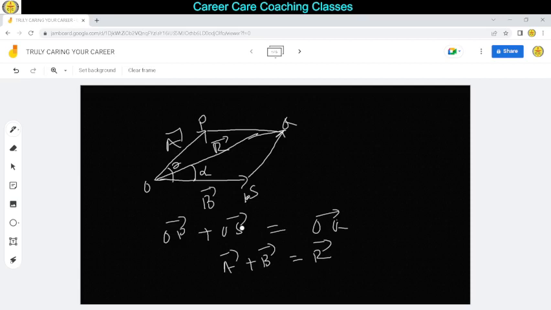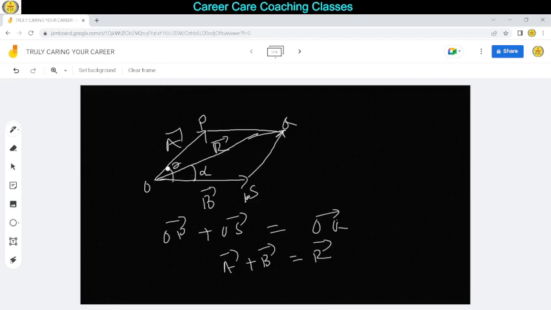If the vectors are given to us, we can draw them graphically and form a parallelogram. By measuring the diagonal of the parallelogram, you can find its length, which will represent the magnitude of the resultant.